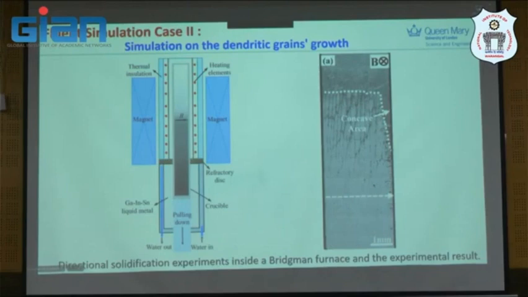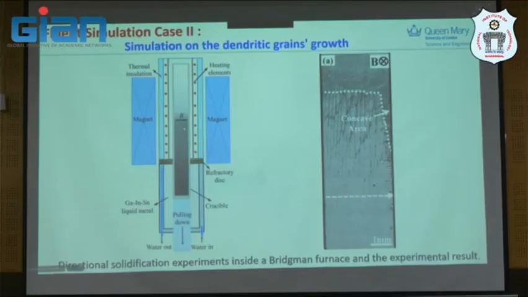And this one is the final microstructure characteristics after the metal solidified, because of the effect of the magnetic field applied on the liquid metal when it is solidified.